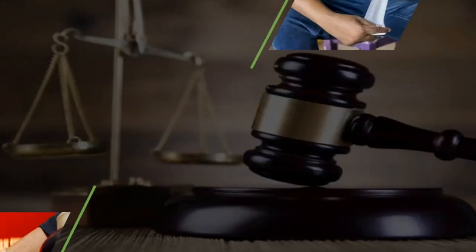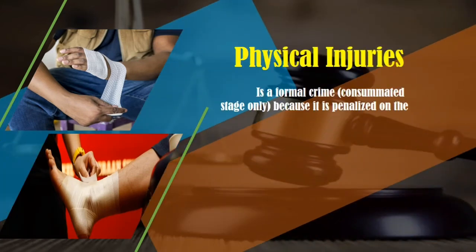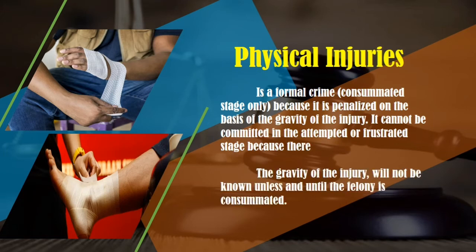Now next, class, is physical injuries. This is a formal crime, though in a consummated stage only, because it is penalized on the basis of the gravity of the injury. Therefore, it cannot be committed in the attempted or frustrated stage because there will be no basis for the offense.